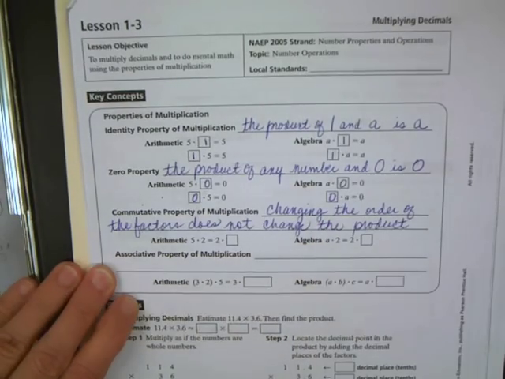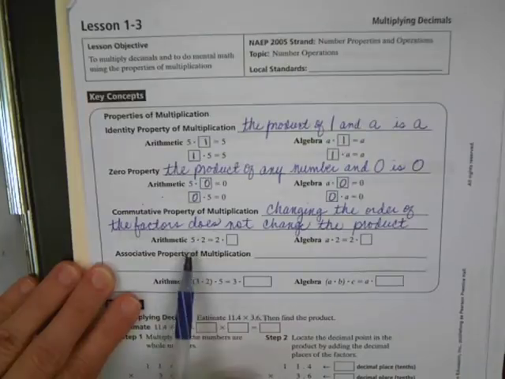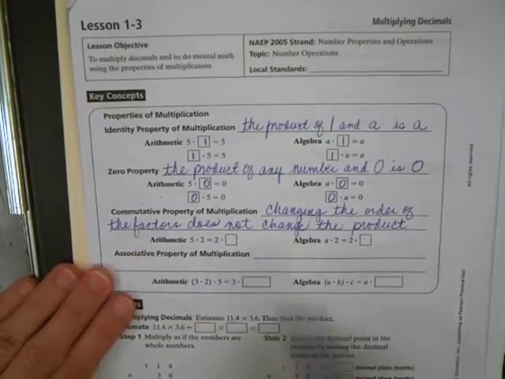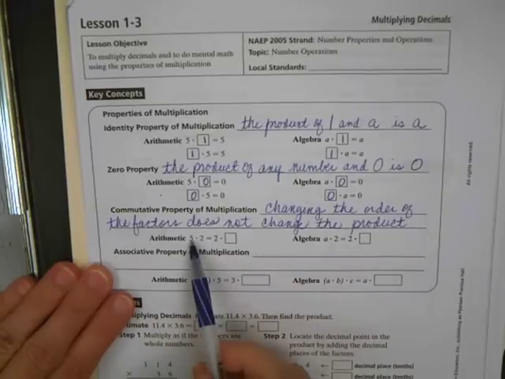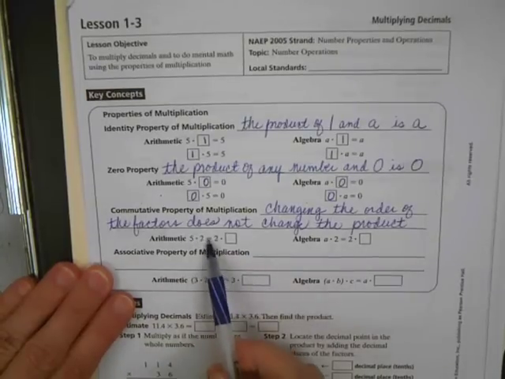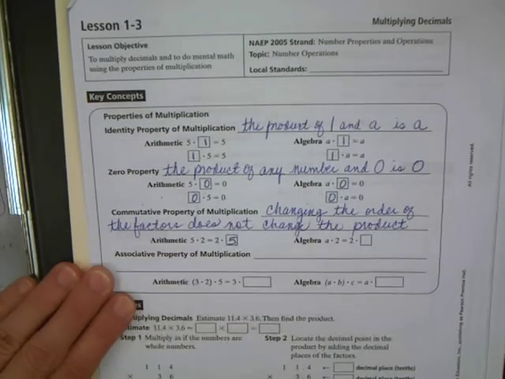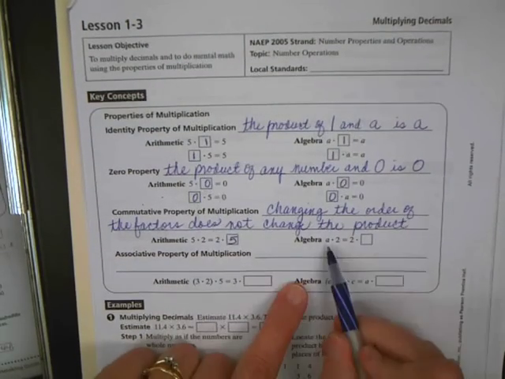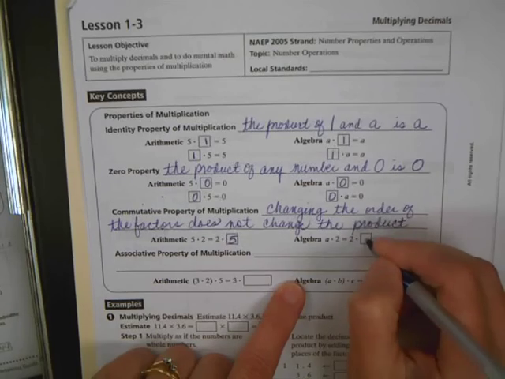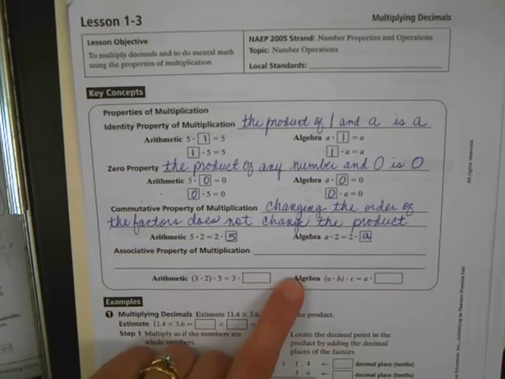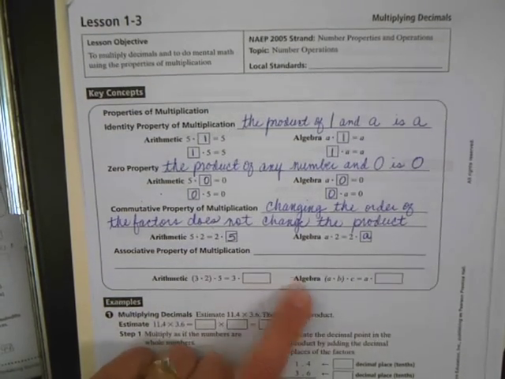Okay, so remember, the factors are the numbers that we are multiplying together. The product is actually the answer or the result of that multiplication. So I could say that 5 times 2 gives me the same answer as 2 times 5. We all know that both of those give us 10. Algebraically, A times 2 is the same as 2 times A. Both of those give us the result of 2A.